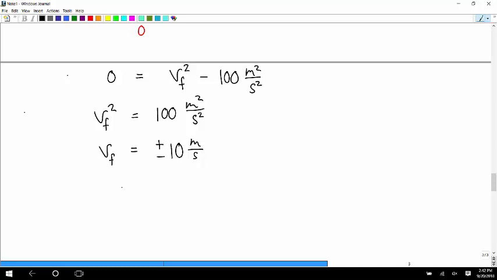That has to do with the fact that this object passes the point 3 meters 2 different times. It passes it once on the way up, right when it starts, and once on the way down. Which one do we want, when it goes past that height on the way up or on the way down? On the way down, down is negative, so we want that one.